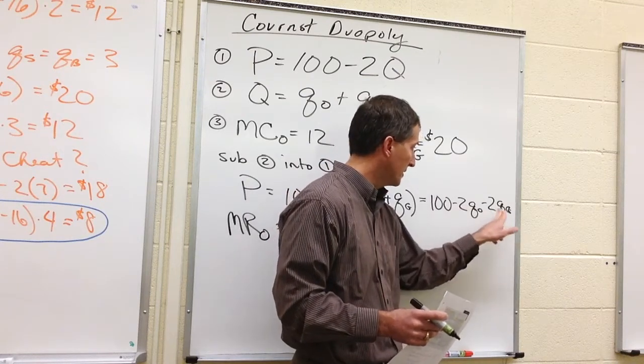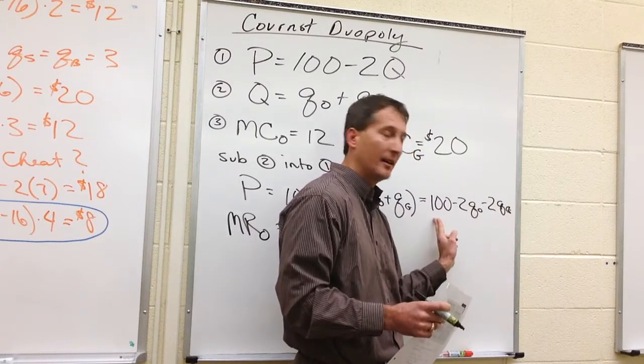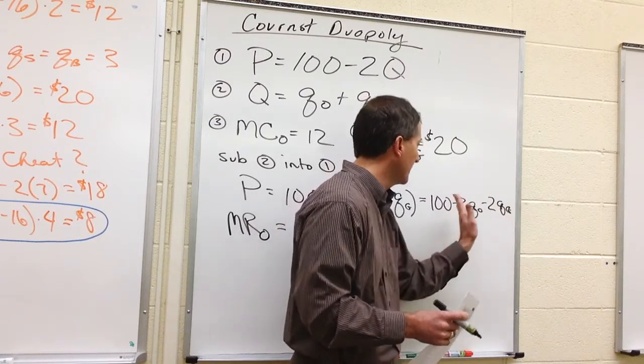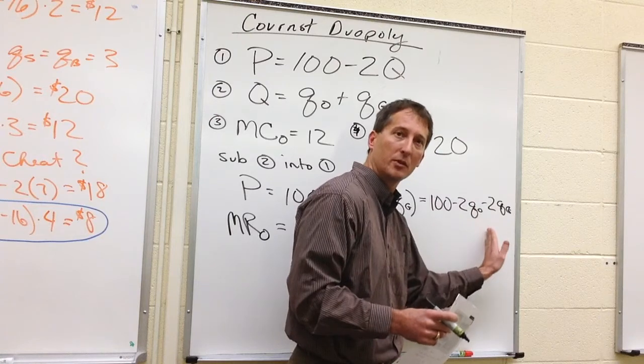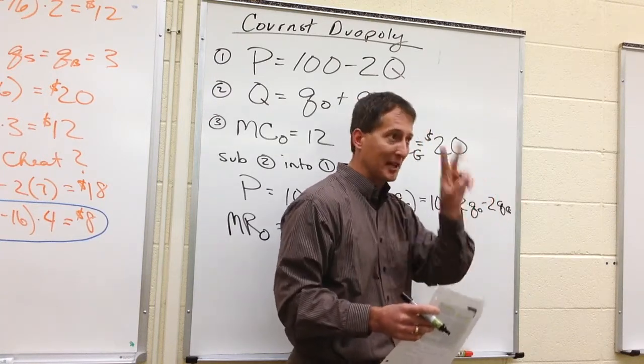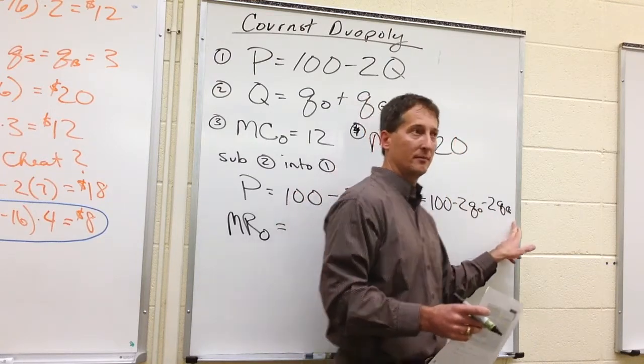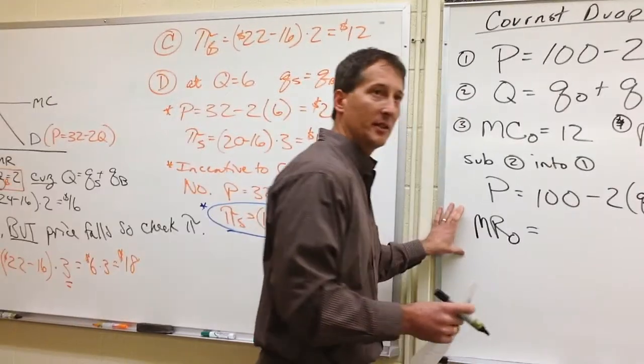Drops to 60. 2 times 20 is 40. 100 minus 40 is 60. This equation all of a sudden becomes 60 minus 2Q. So instead of doing the infinite number of scenarios, I only did 2 out of infinity, right? Let's just leave it at QG and come back and do that.